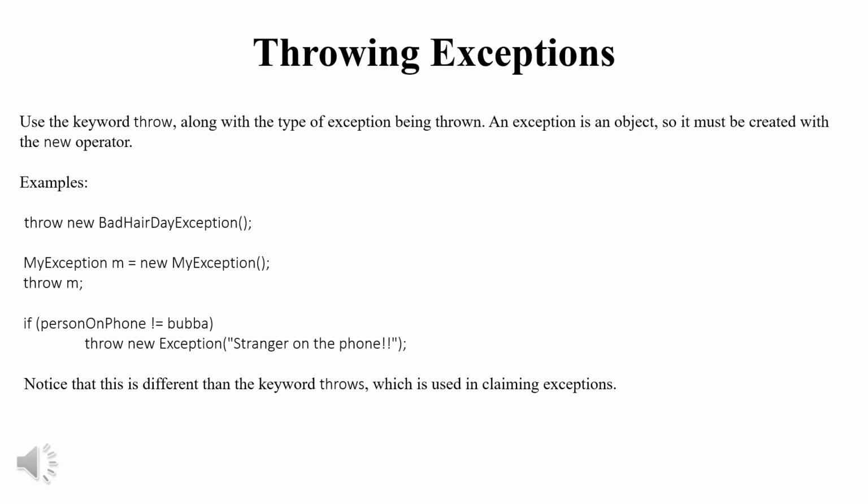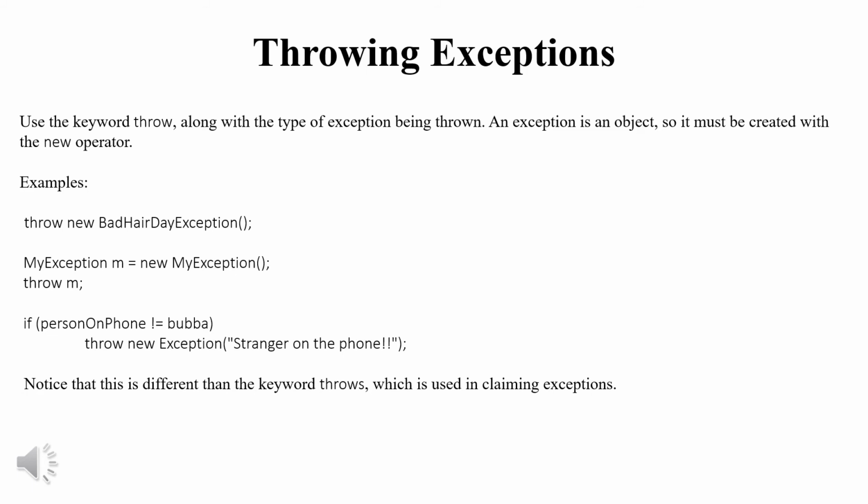I told you the exception is an object. We need to create the object and then throw that object with the keyword throw. You can do that all in one line, for example, throw new, the name of that exception, for example BadDayException, right? Or you can do that in two separate lines of code. For example, MyException m be new MyException.